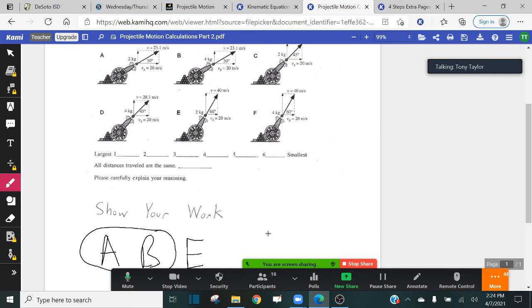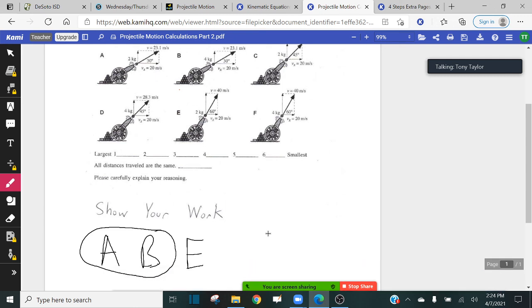And Angelina, you're right, it does like using 20 meters per second for the x velocity. But for your rankings, you're just ranking from greatest to least, or in other words, ranking from largest distance to smallest distance. Just be sure that you put your ties next to each other and that you circle them whenever you're tied.